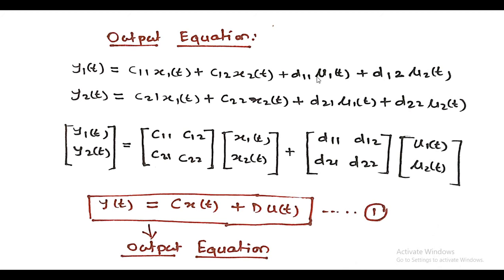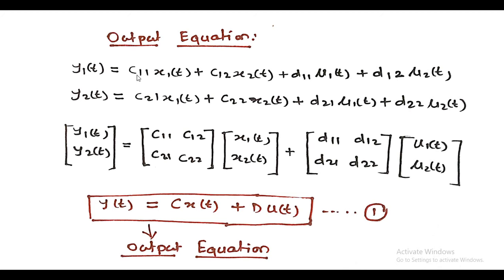Similarly, if you see, the X1 coefficient is C11, and the X2 coefficient is C12. Here the first index 1 is taken for this Y1, and the second index is taken for X1, and this 2 is taken for X2. This you have to keep in mind.